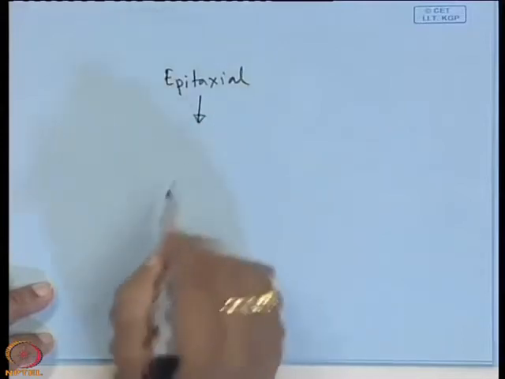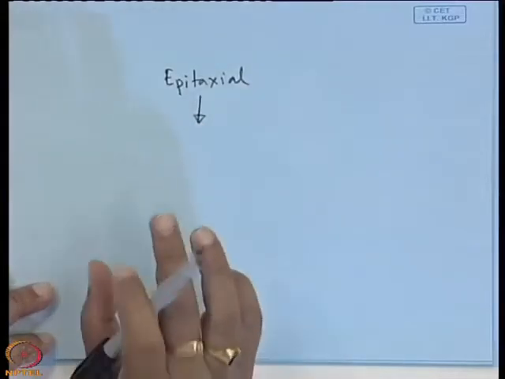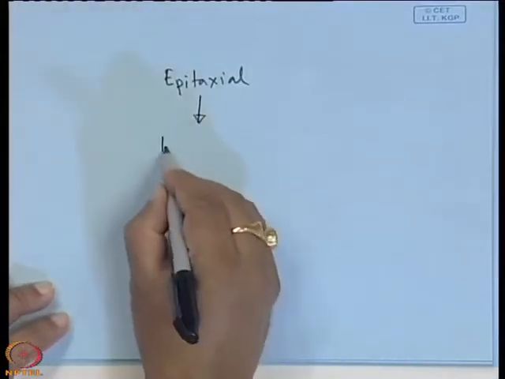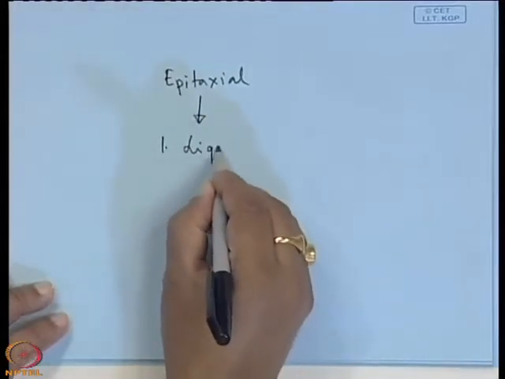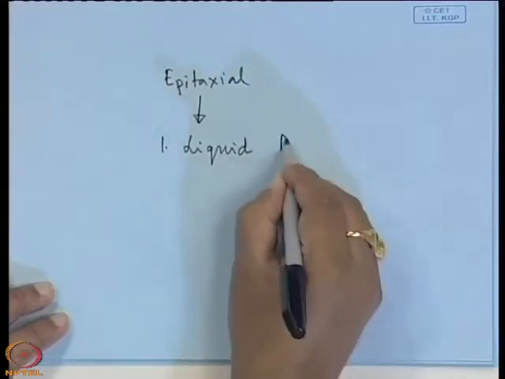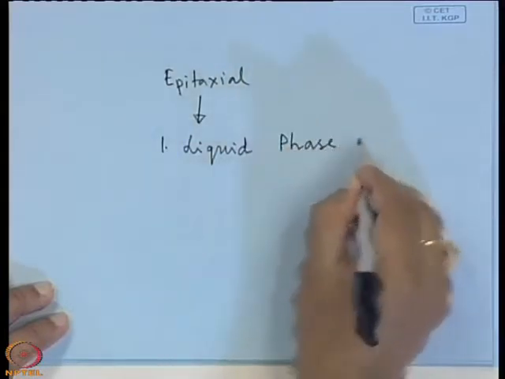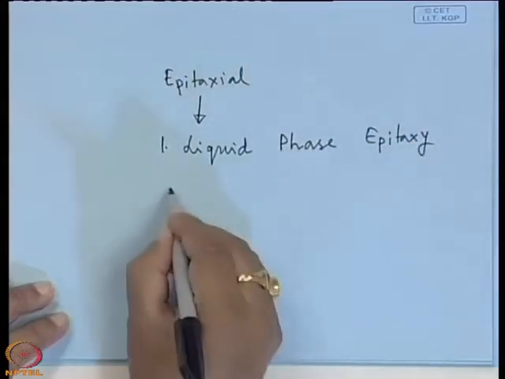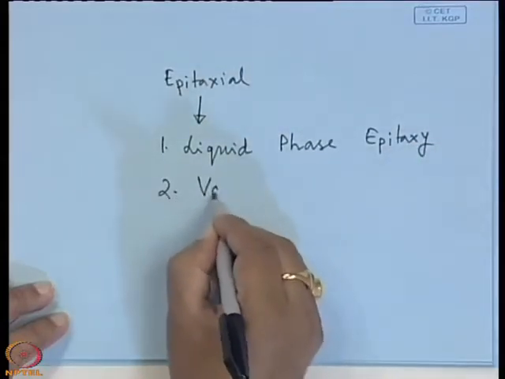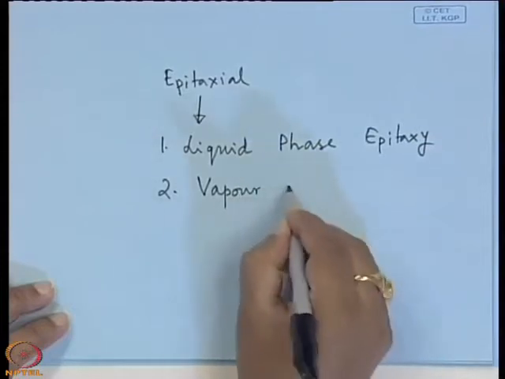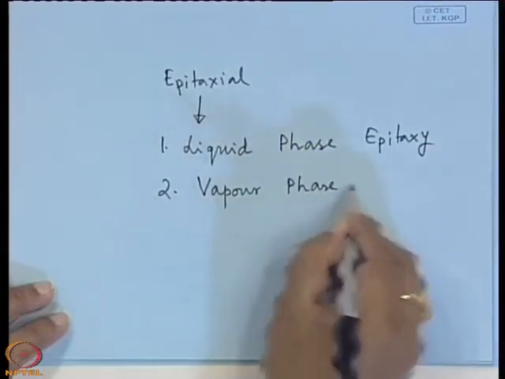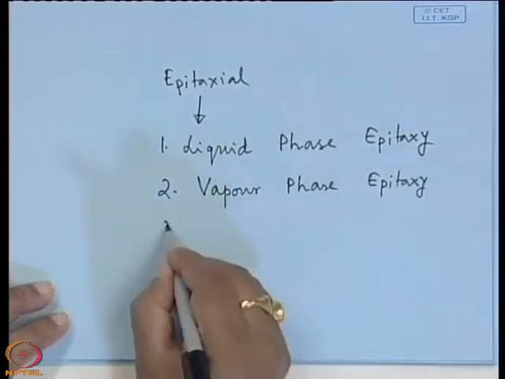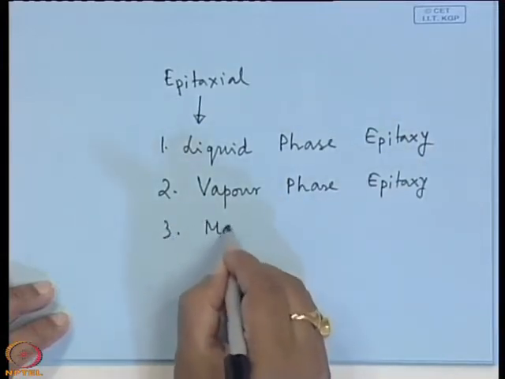So, how are the epitaxial layers grown? There are epitaxial techniques or epitaxial machines. One is known as liquid phase epitaxy. Number 2 is vapor phase epitaxy. And number 3 is molecular beam epitaxy.